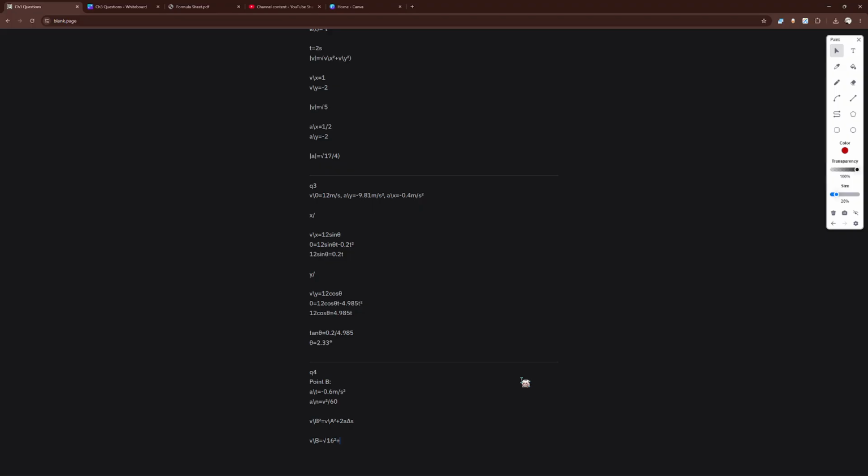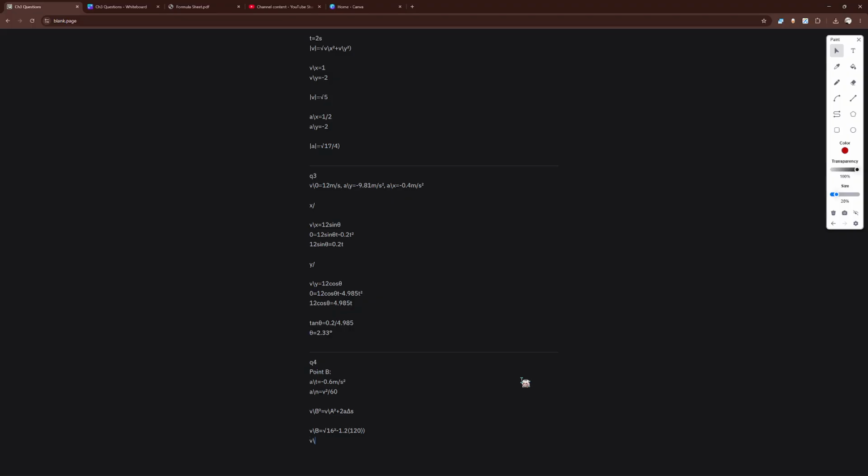plus or minus 2, so negative 1.2 times 120. Let's just calculate this quickly, 16 squared minus 1.2 times 120. That gives us a velocity B of 10.6 meters per second.